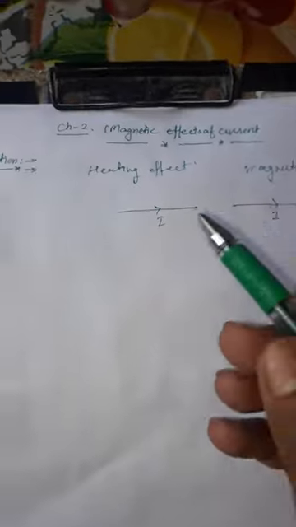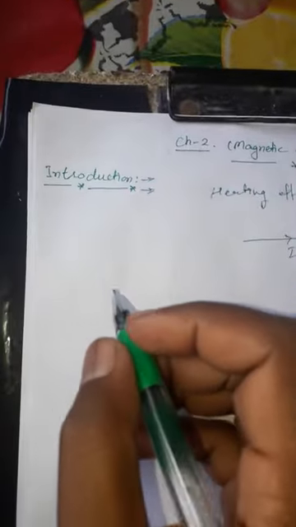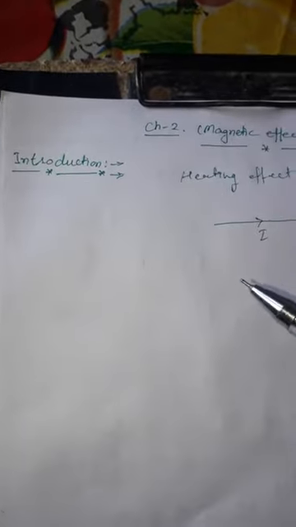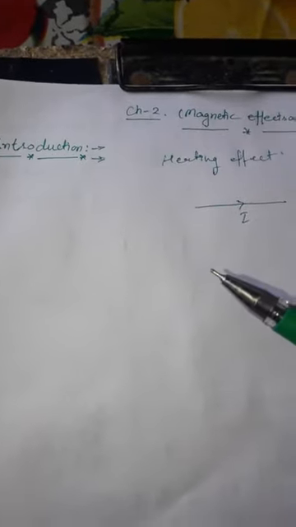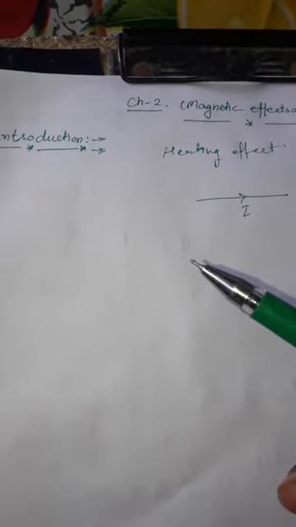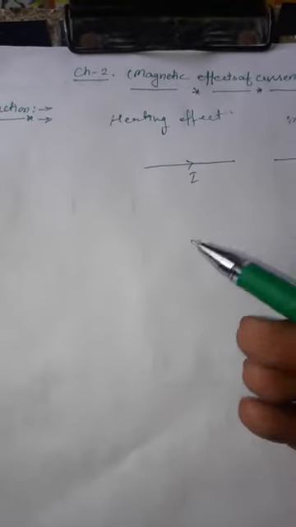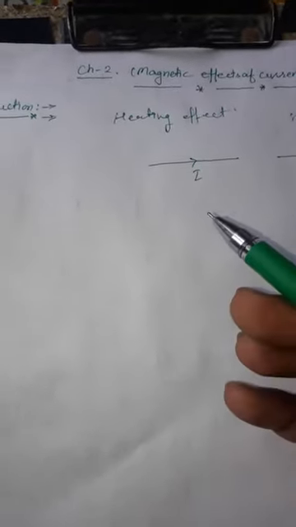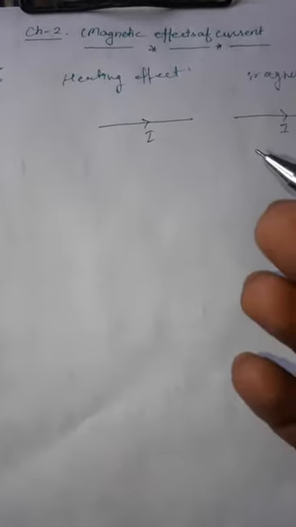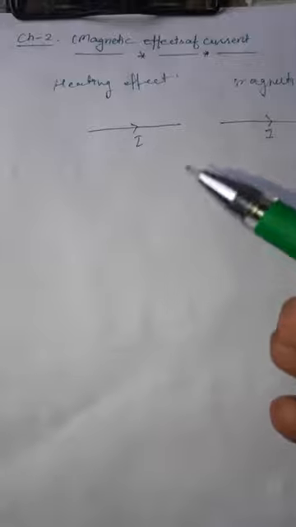Students, it is very interesting to study the magnetic effect of current because it was observed accidentally. There was no basic theory, and no one cared about the effects of a current.